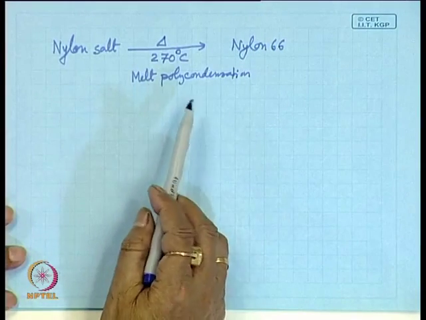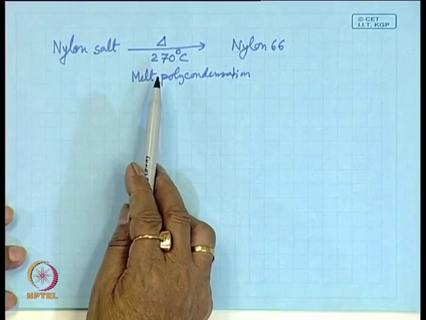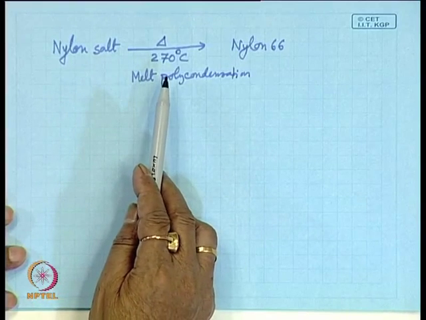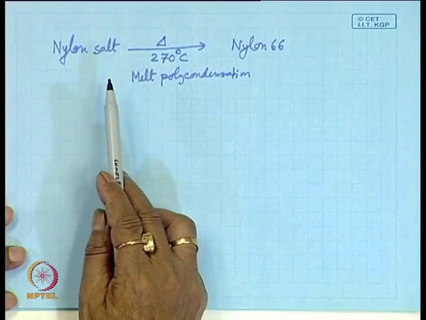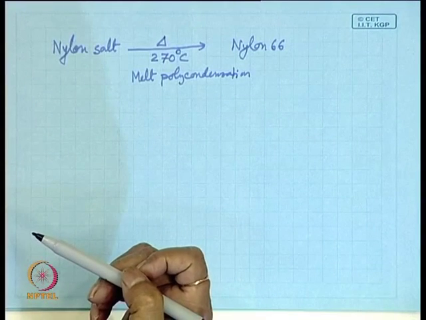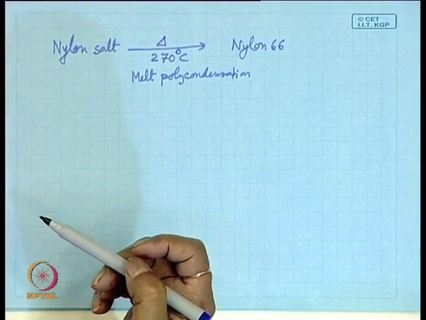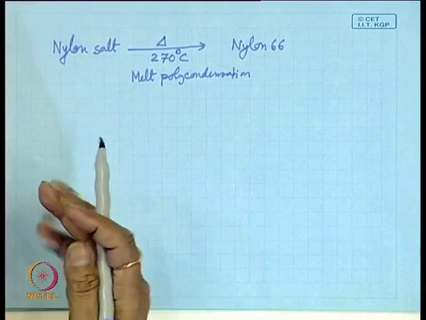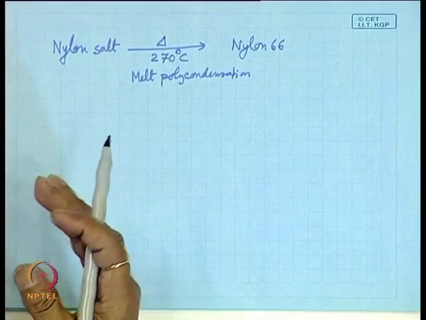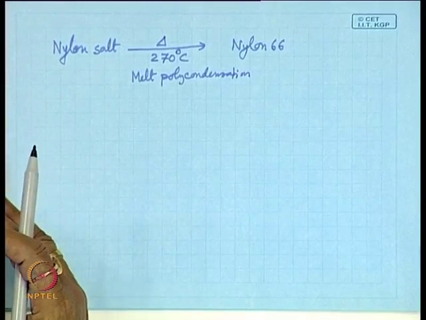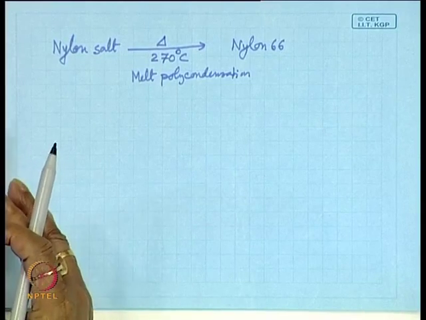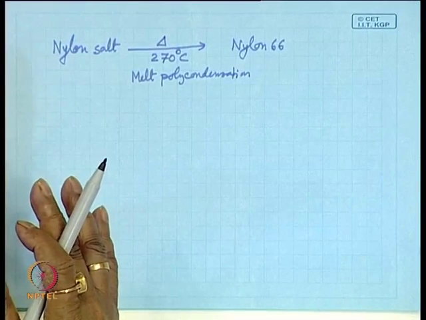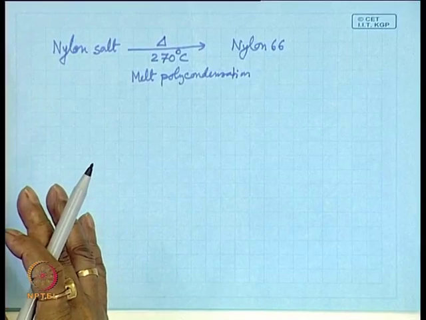Now, this nylon salt, when melted, becomes highly viscous due to condensation increasing the molecular weight. So, you have to maintain that high temperature, otherwise the fluidity will not be there, your growth will not be adequate, and high molecular weight formation will not be adequate.